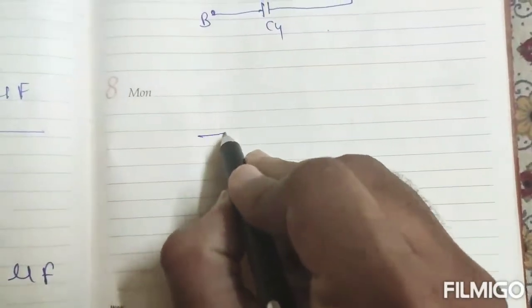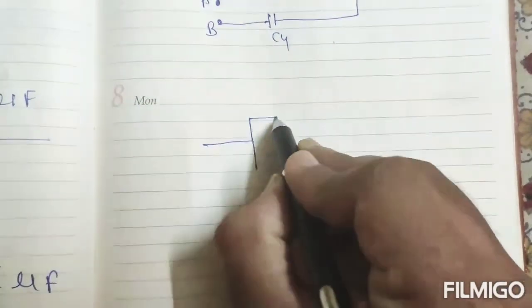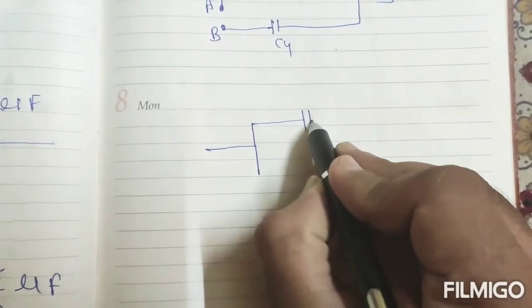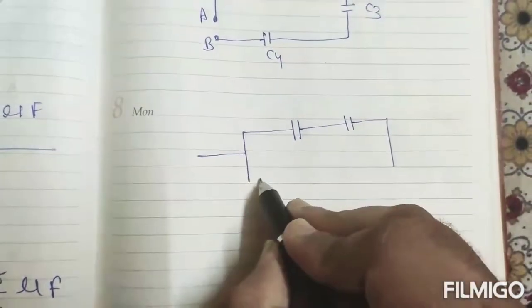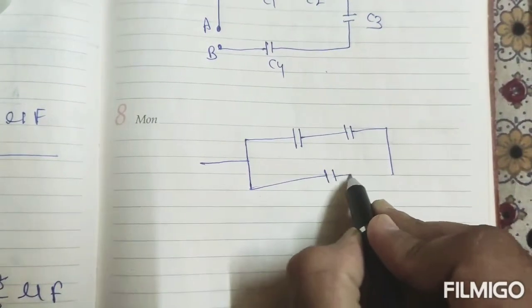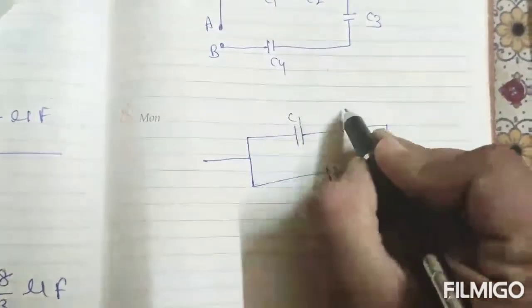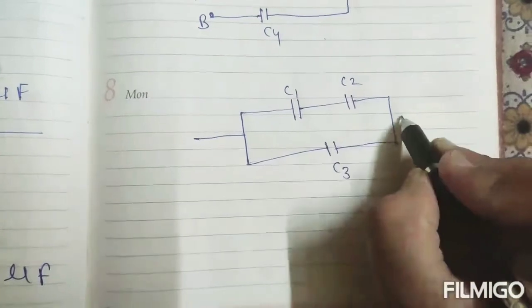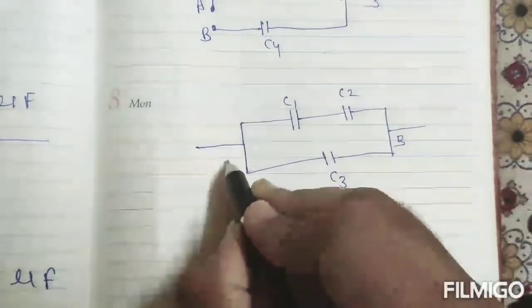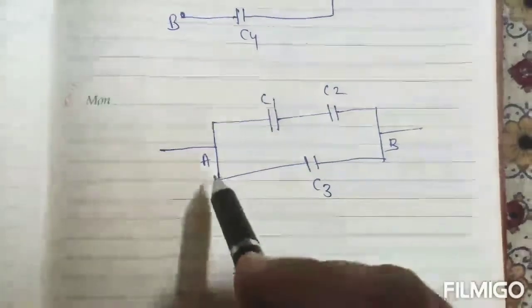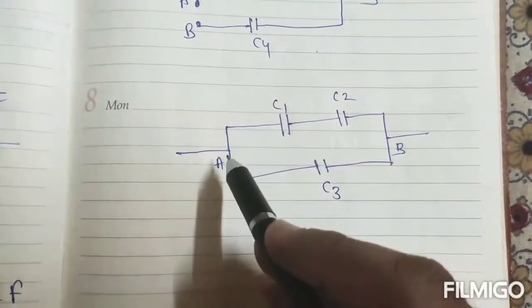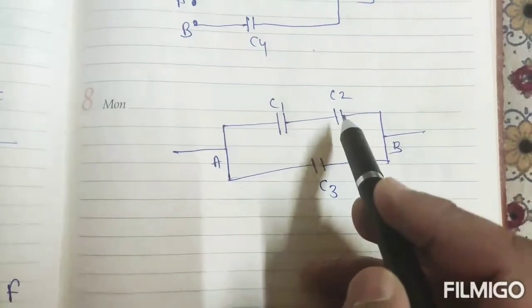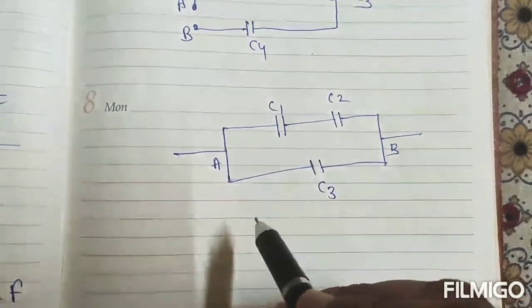Now let's do a simple one. This is C1, this is C2, this is C3, this is point B, this is point A. Now the capacitance is asked between point A and point B. These two are in parallel with this one. Why?